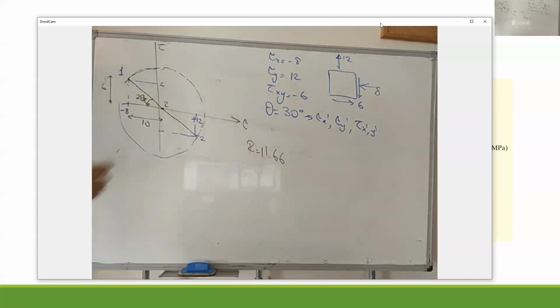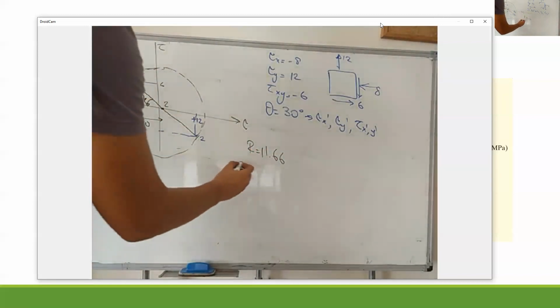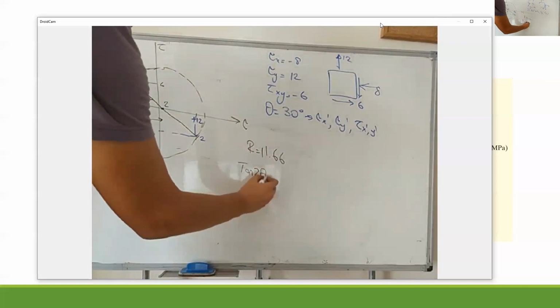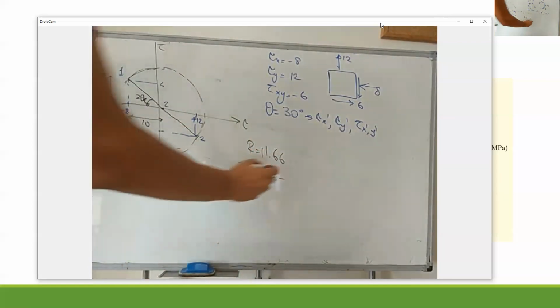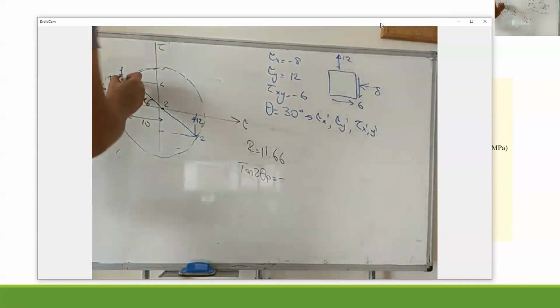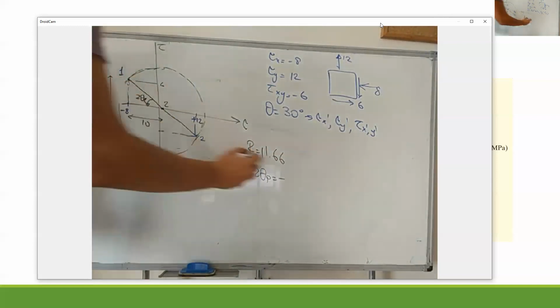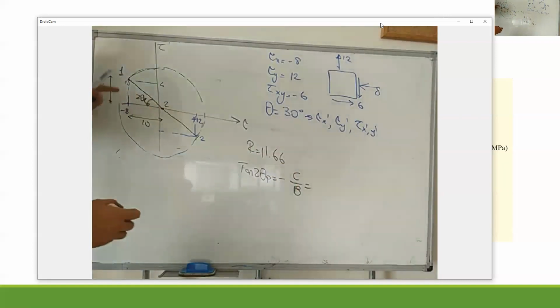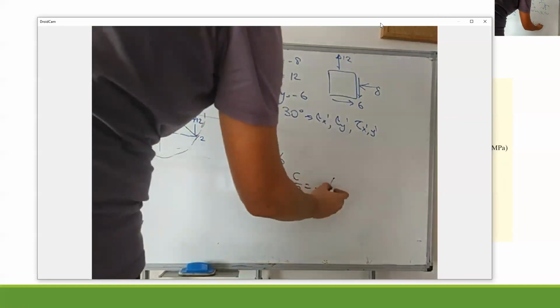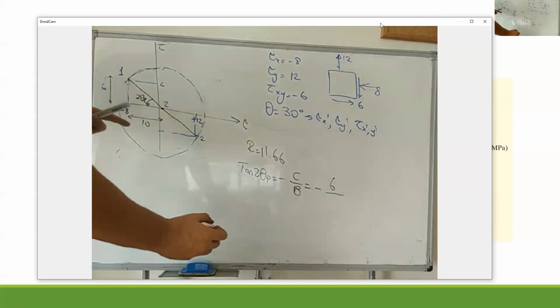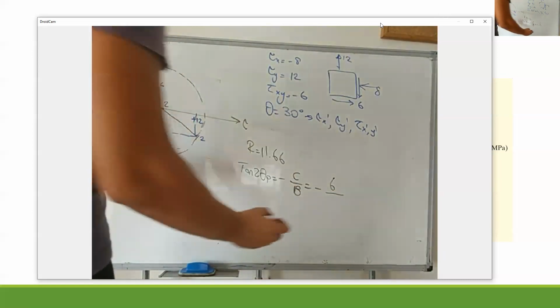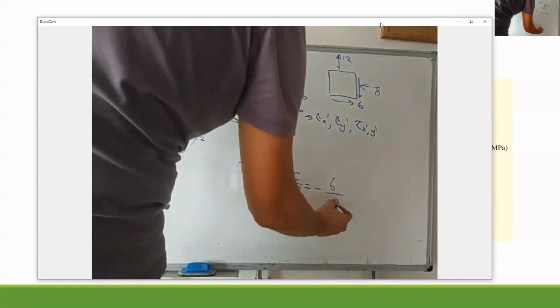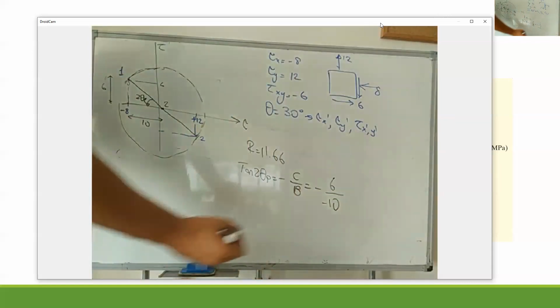2 theta p angle. You remember that tangent of 2 theta p is equal to minus b divided by c... c is positive 6, b goes in the reverse direction, minus 10. So this is positive.